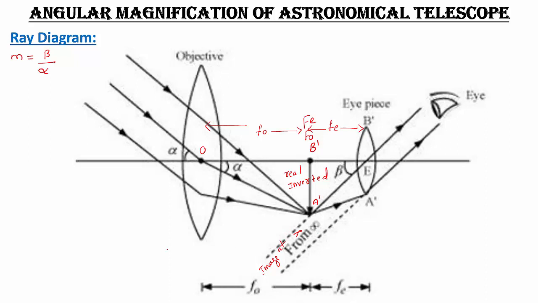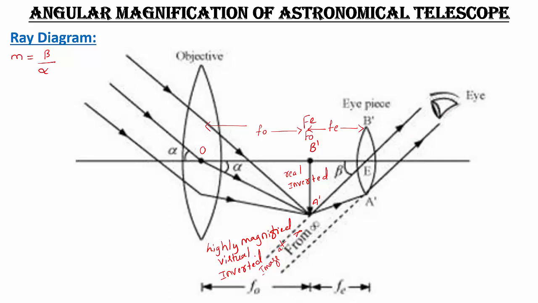Here this image is highly magnified, virtual, and also inverted. It is virtual, not real, because there is no converging of light. It is just the apparent image, an assumption of the observer.